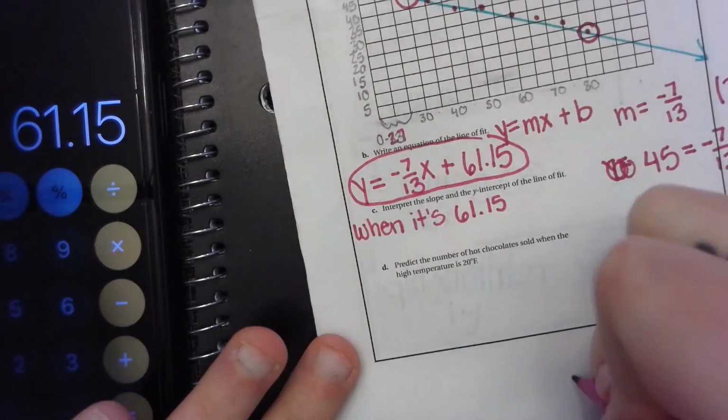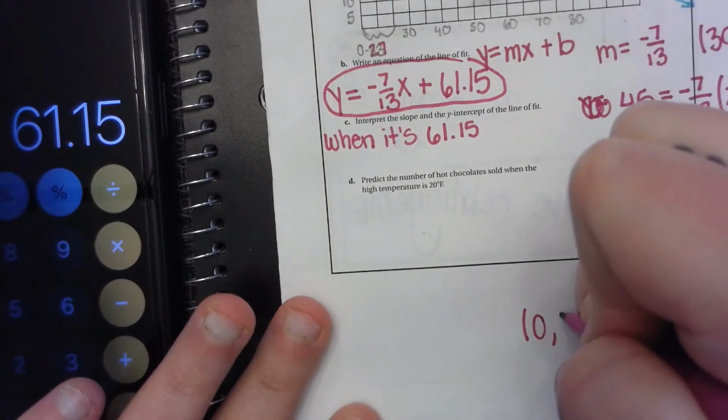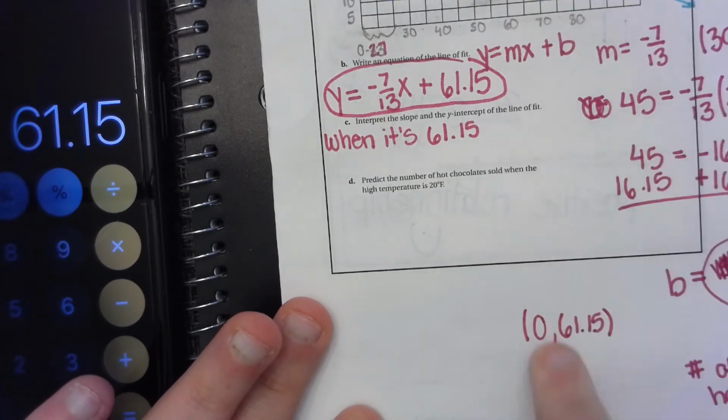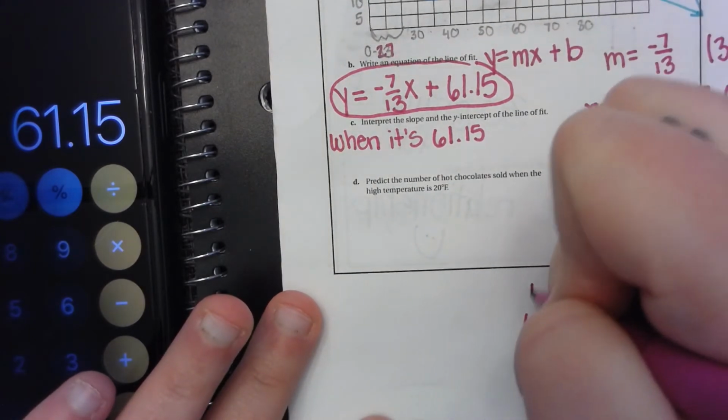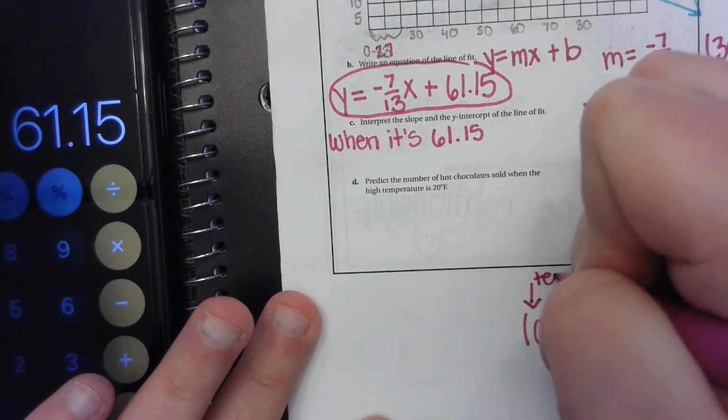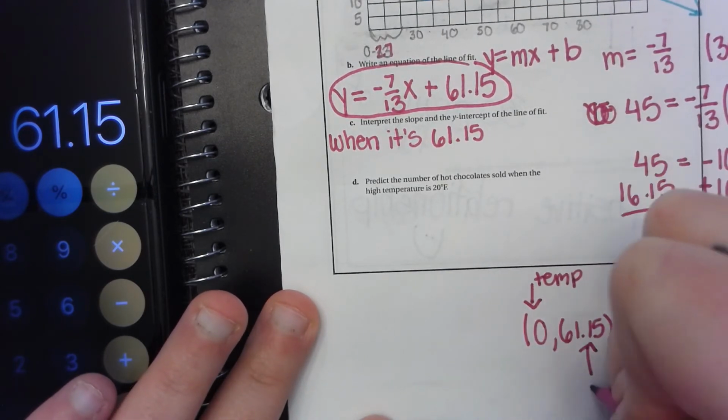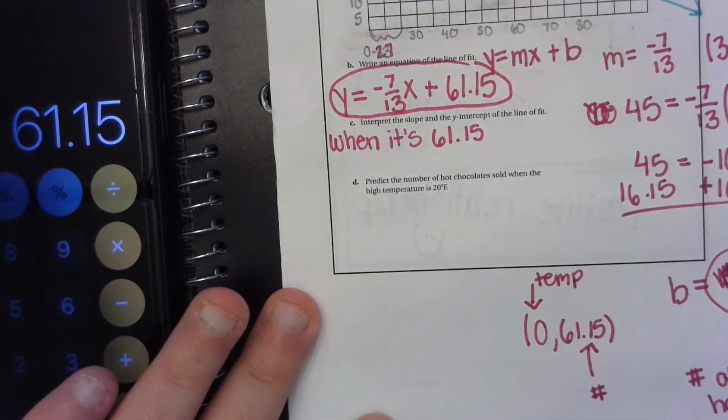My y-intercept would be (0, 61.15), which, remember, is not money. This is the temperature, and this is the number of hot chocolates sold.